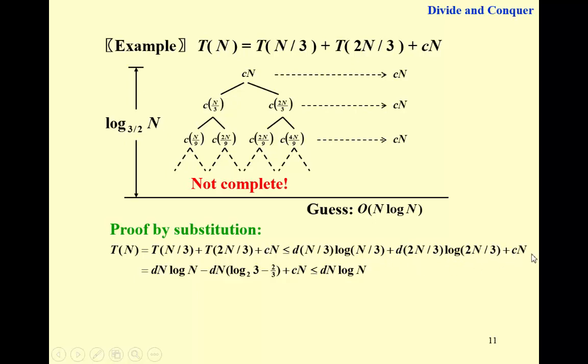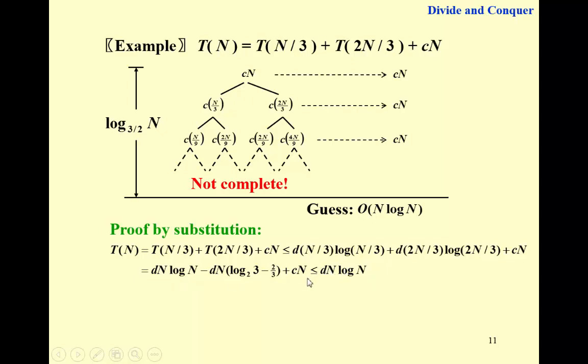For this m, T is also bounded above by d times m times log m, plus the last term, c times n. Okay, put them all together and simplify it. We get something like d times n log n. That's what we're trying to obtain. It's dn log n minus dn times some number plus a constant times n. What we really need is to prove that this is less than or equal to dn log n.